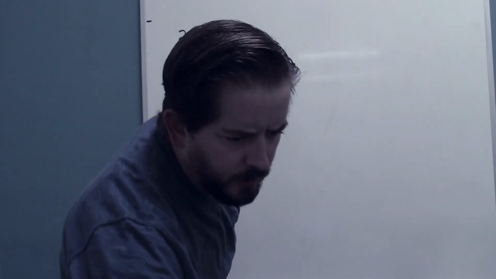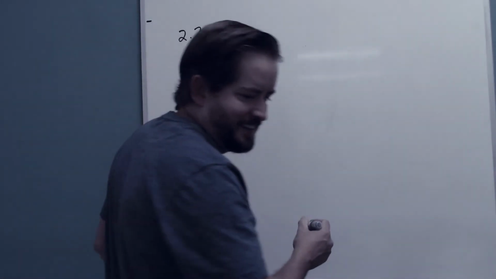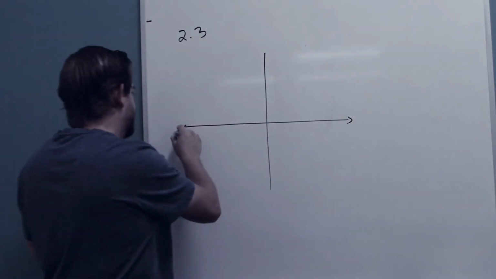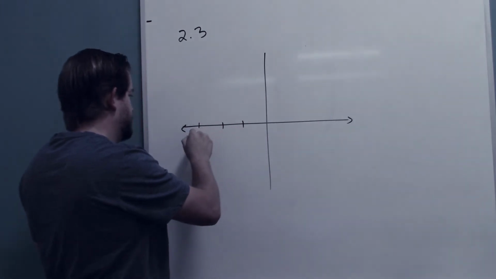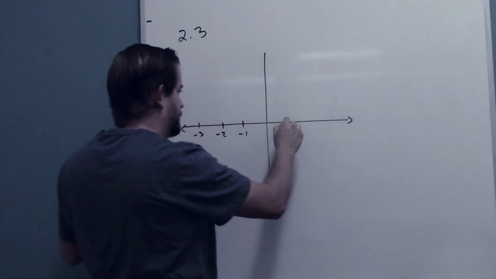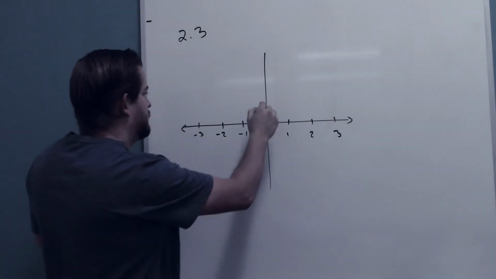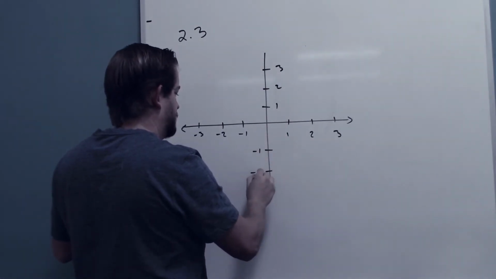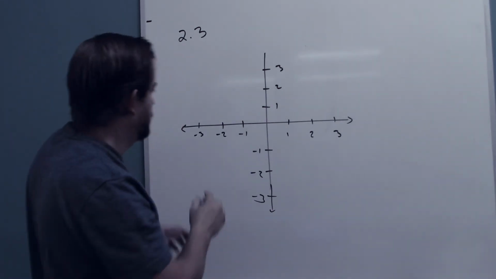All right, and then number 5. Let's look at that one. Another graph, super. This one has an open, I'm going to just try to do a good job here. I have an open point at -3 and 1.